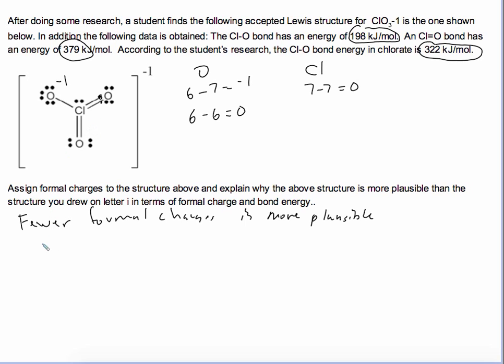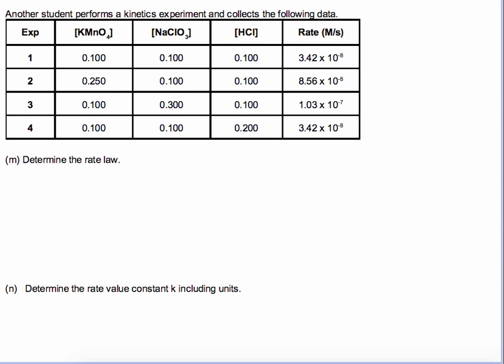So that's one reason why this structure is also more plausible, because the bond energy is between a double and single bond energy, which would be more like this structure than the structure on the other page.